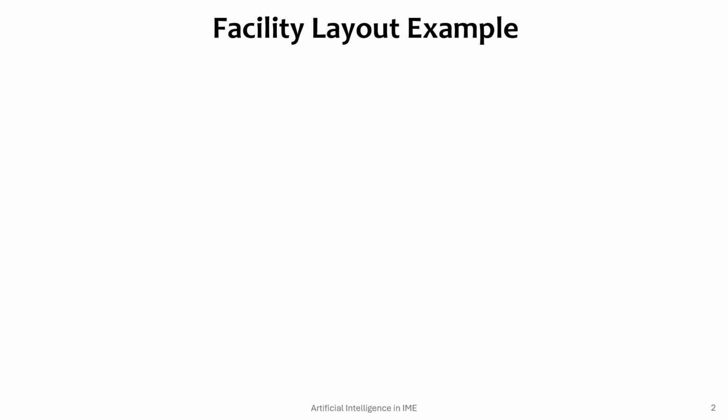solution approach. Okay, so let us start by introducing a simple facility layout example. So let's say we have two departments. And we have two locations. Okay, so these locations are L1 and L2, and these departments are A and B, right?